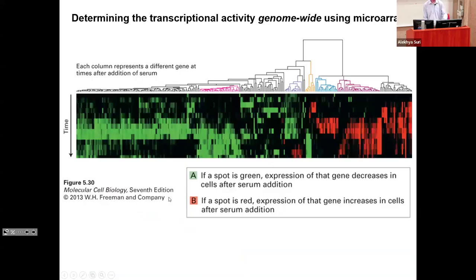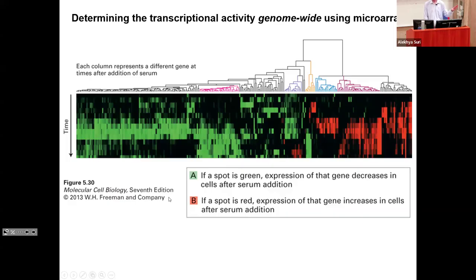This is how it would look, this plate with all the genes of the genome, and you would see different colored places that would tell you if a gene is expressed or not expressed once cells are exposed to serum or without the serum.